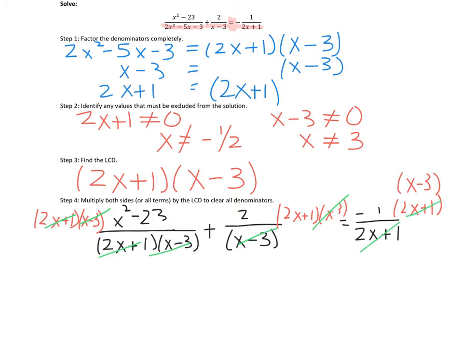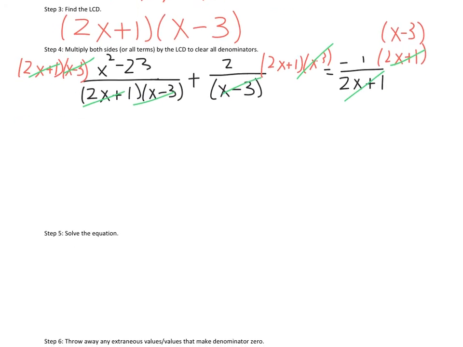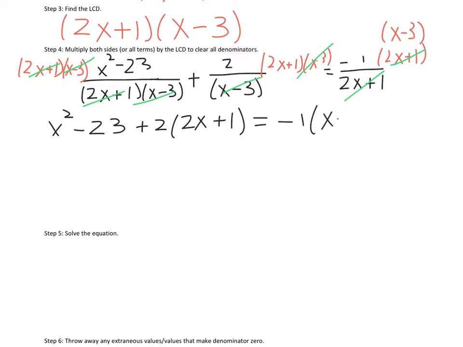Let's rewrite what we have. So we're left with x squared minus 23 plus 2 times 2x plus 1 equals negative 1 times x minus 3. Okay, so let's clean that up a little bit more.